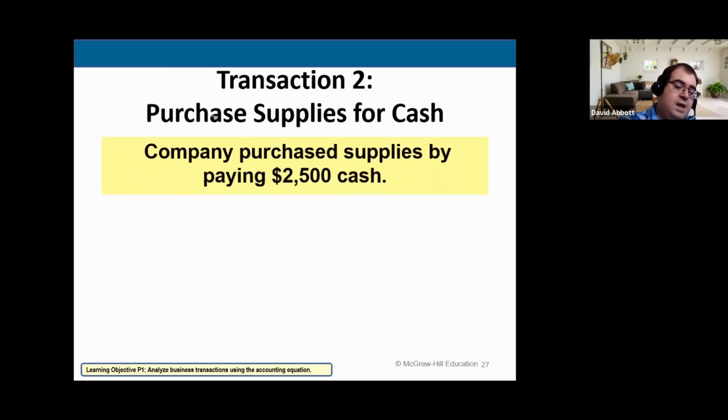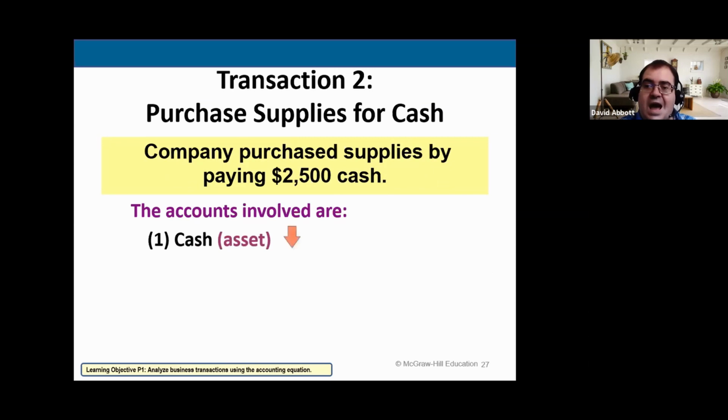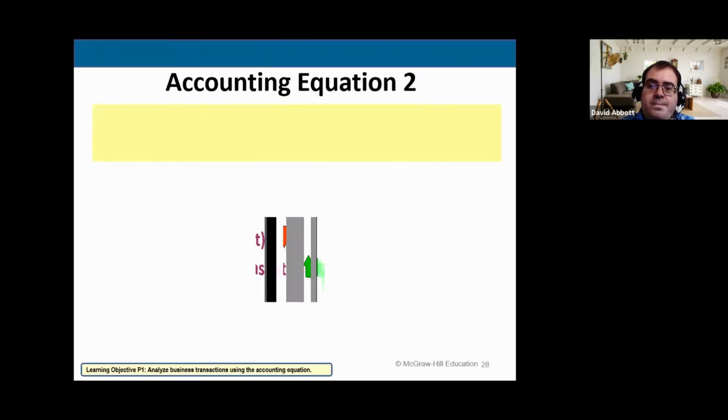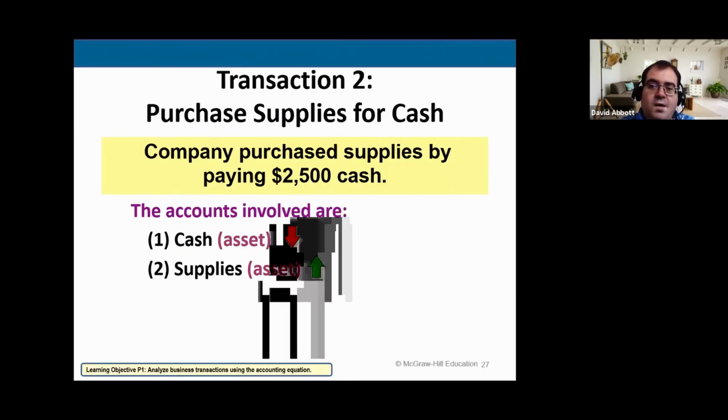Now let's say that a company purchases office supplies of the amount of $2,500 with cash. So the accounts involved is cash, an asset, that's going to go down. And then supplies is an asset that's going to go up. And so the example here is we would have to debit supplies for $2,500 because we're going to increase supplies.